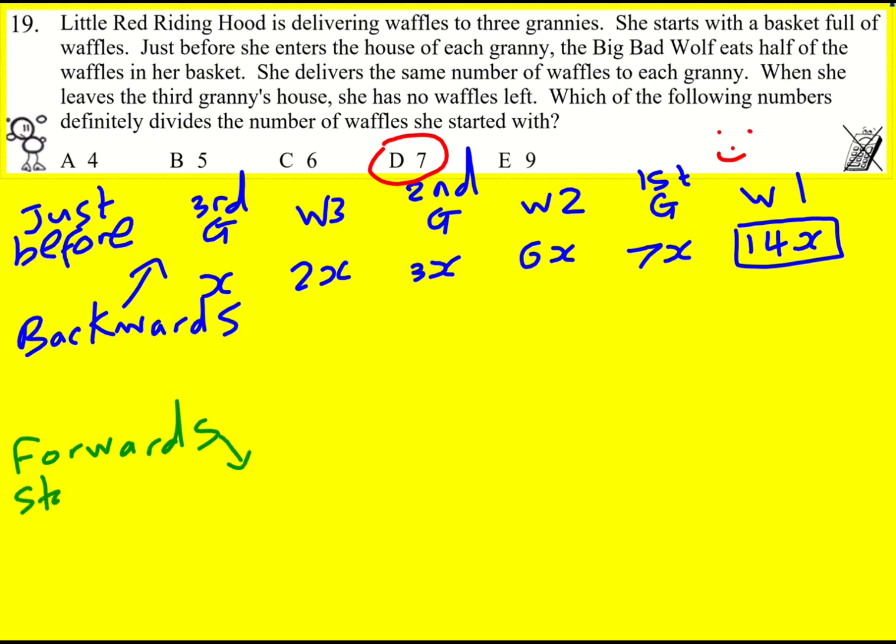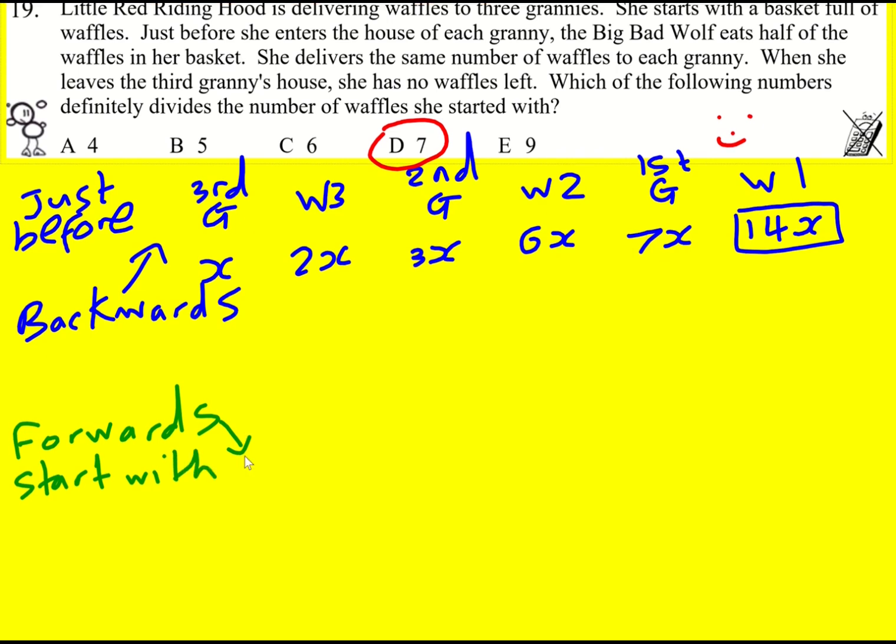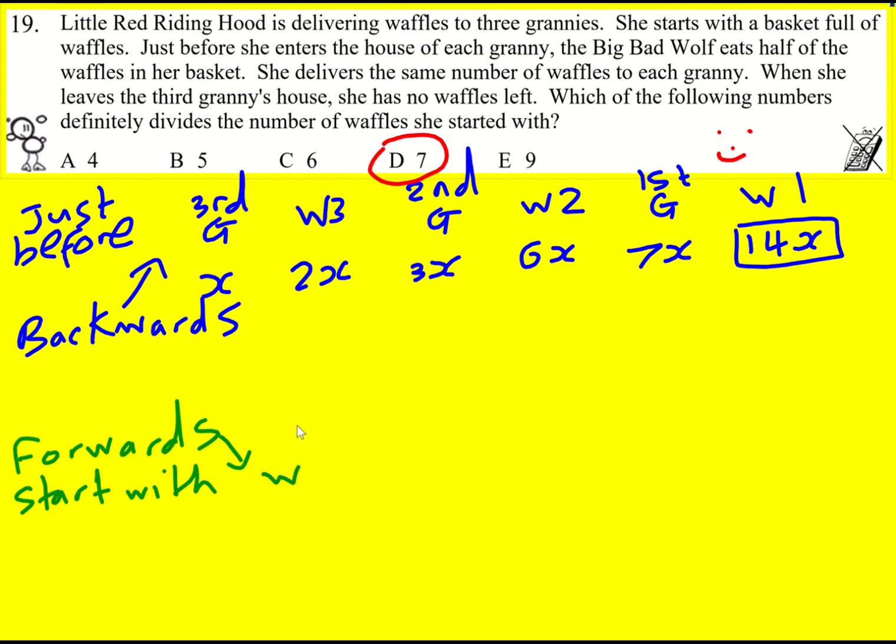So we're going to start with, I'll call it W now, just so I'm not saying it's the same thing as X. So we start with W, and then it's going to be wolf number 1, and we're going to be left with W over 2. And then we're meeting granny 1, and we're going to have W over 2 minus some amount, D.